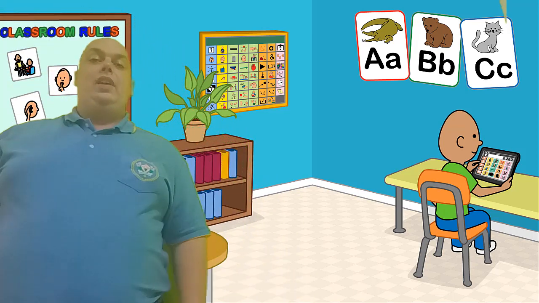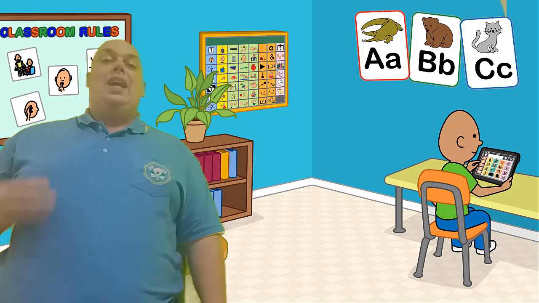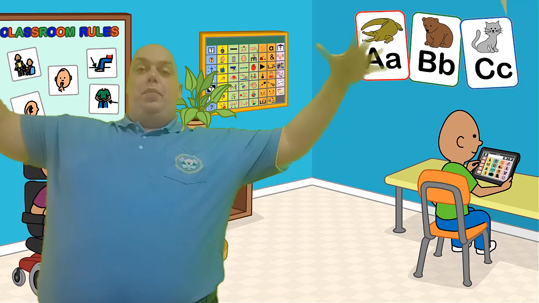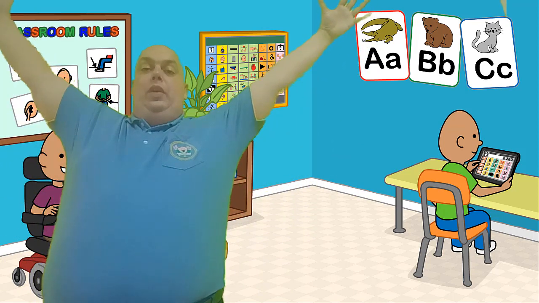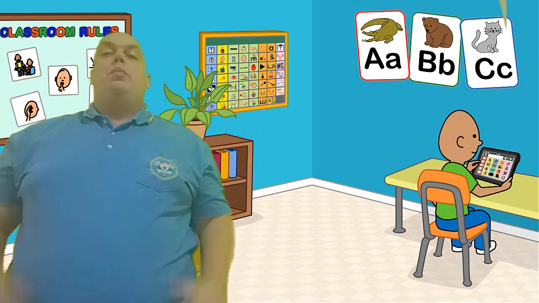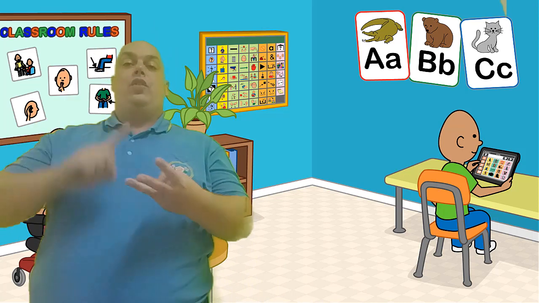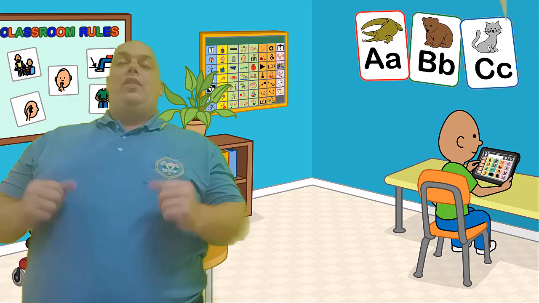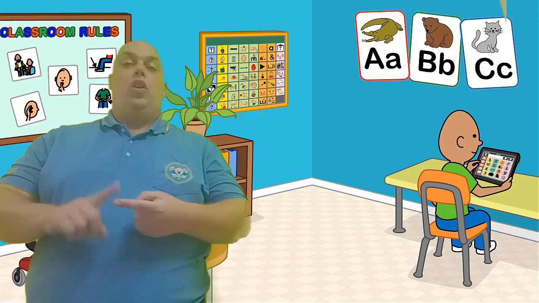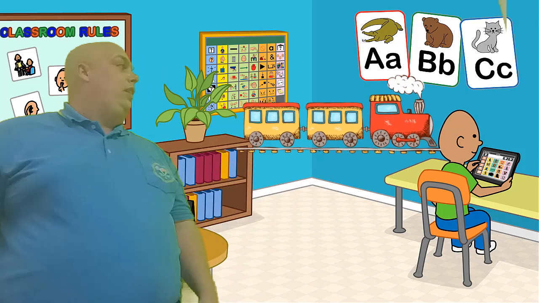Now, if this sounds a little bit familiar, it's because we have done something like this before in the language book, where we talked about big, bigger, biggest, and we talked about small, smaller, smallest. But today we're going to be talking about long, short, and tall. Now, we're going to start with a couple of examples just to show you what the difference is between long, short, and tall.